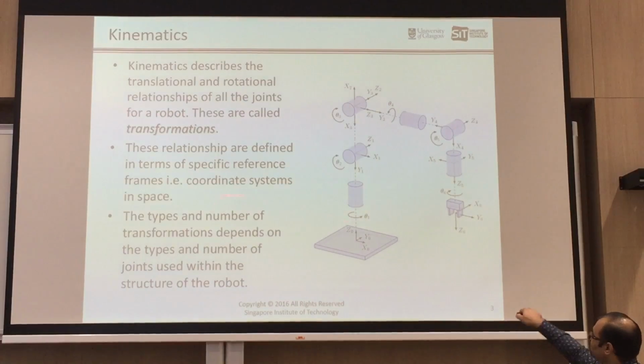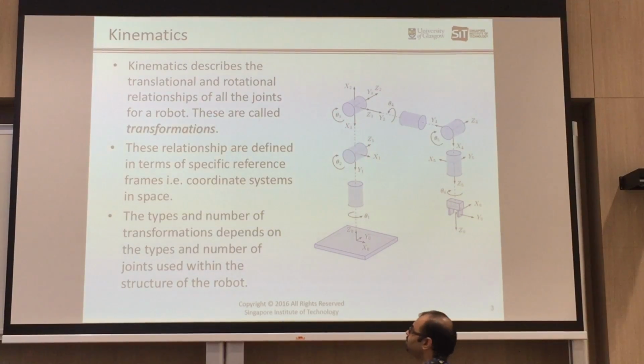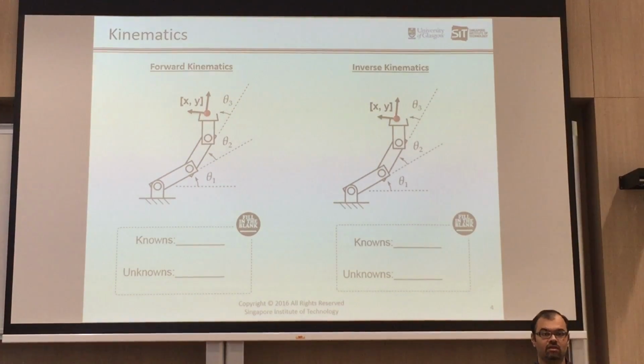Whatever input you put in each of these joints, you put it in the transformation matrices, it will give you the overall result. This is what the transformation matrix will help you do.